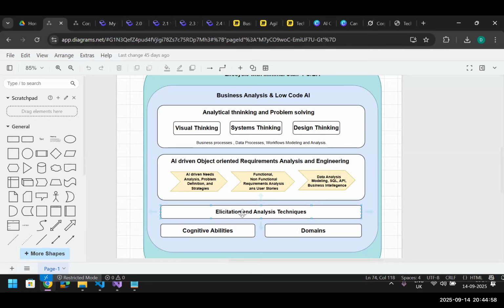Elicitation is the key for any business analyst, whether a functional business analyst or a tech business analyst. Elicitation is nothing but obtaining information.